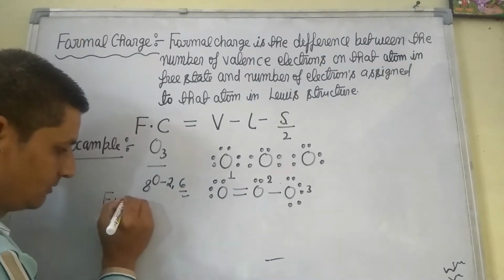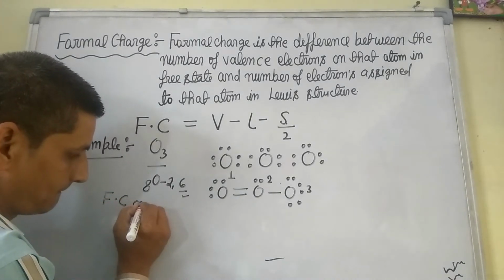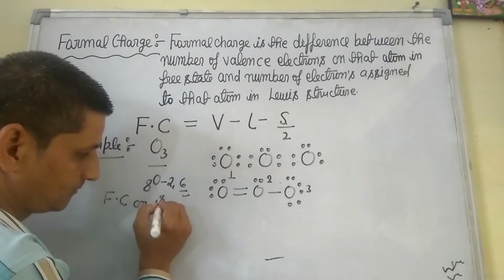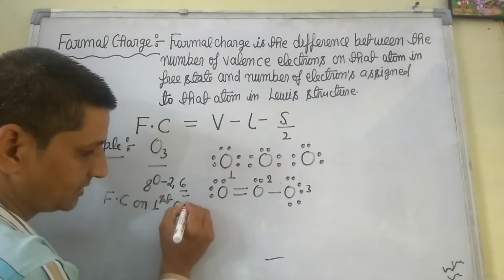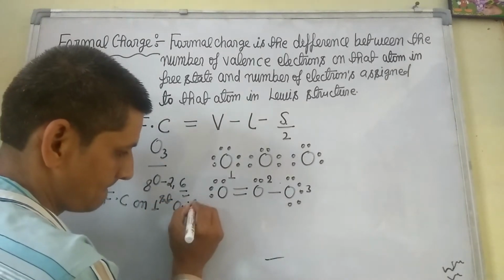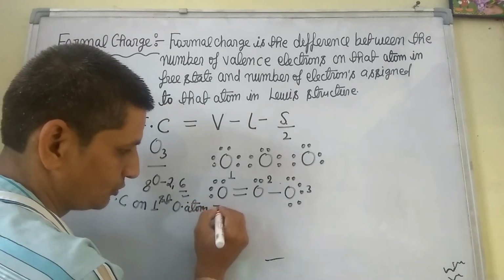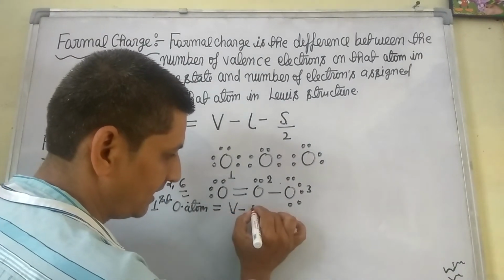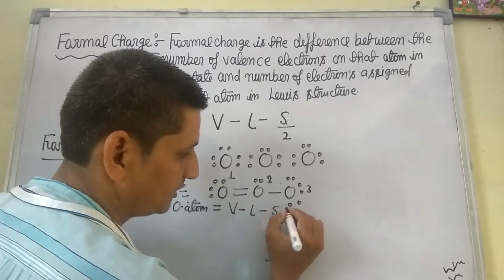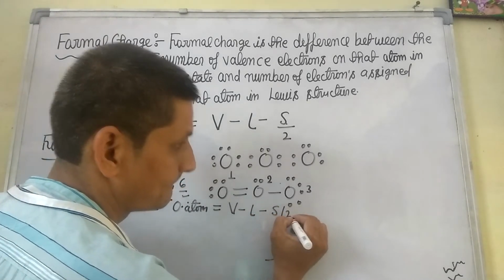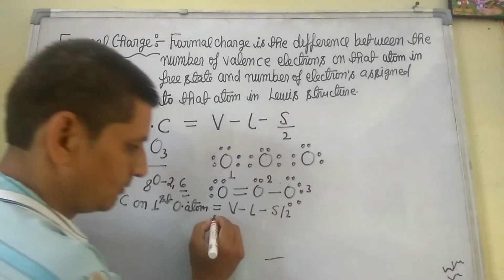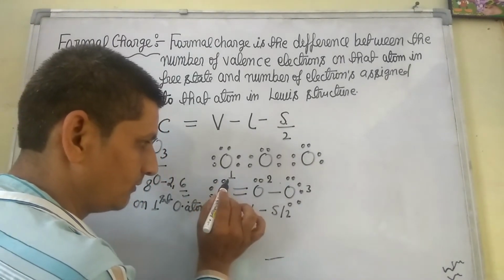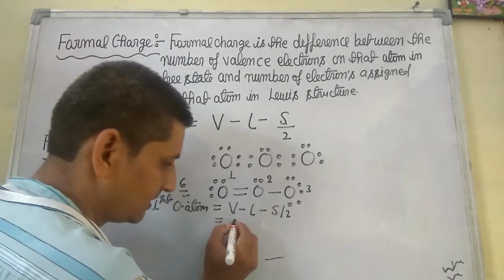Formal charge on the first oxygen atom is equal to, the formula of formal charge is V minus L minus S by 2. So the total number of valence electrons in an oxygen atom is 6.